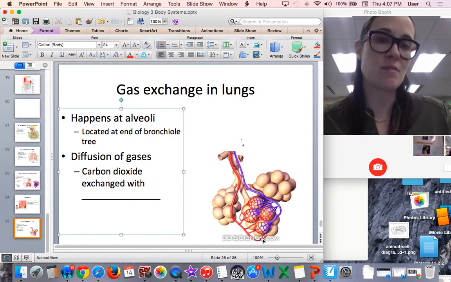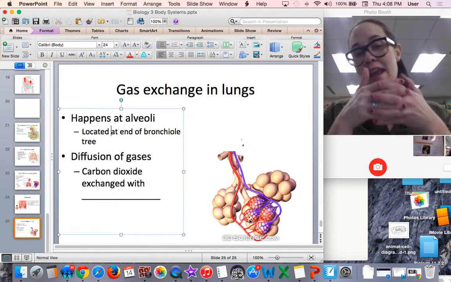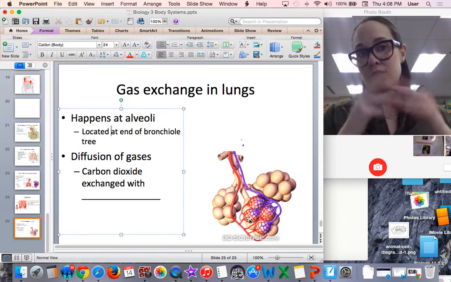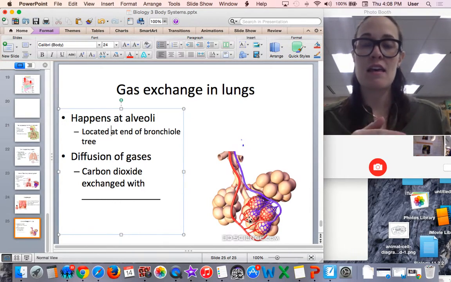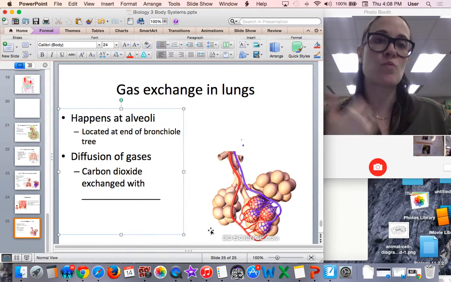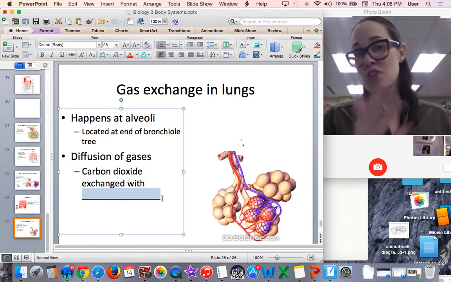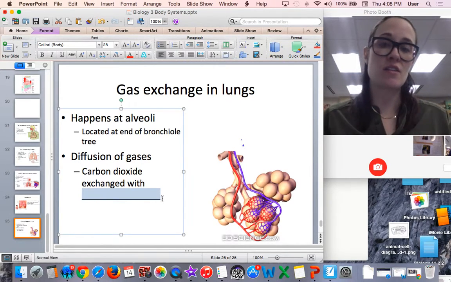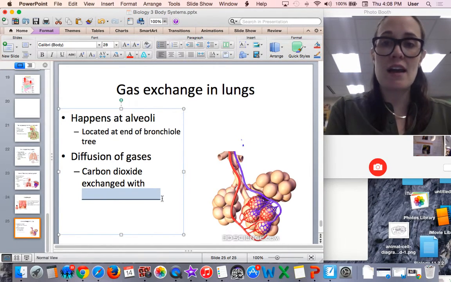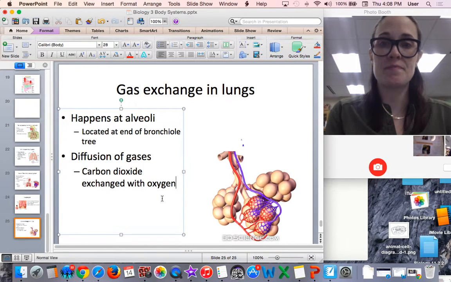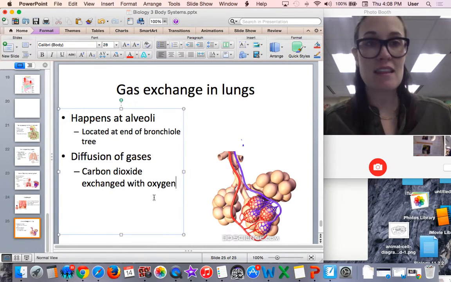And you can see in this image here, they look like little clusters of grapes, and each one of them is covered by this net of capillaries, which are the smallest blood vessels. And at this location is where the diffusion of gases happens, where oxygen goes into the blood and carbon dioxide goes into the lungs. So carbon dioxide is exchanged with oxygen, and this happens at the alveoli.